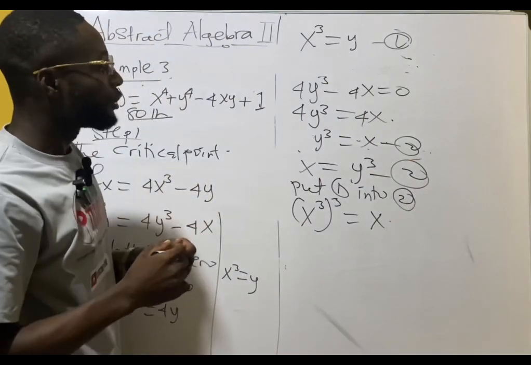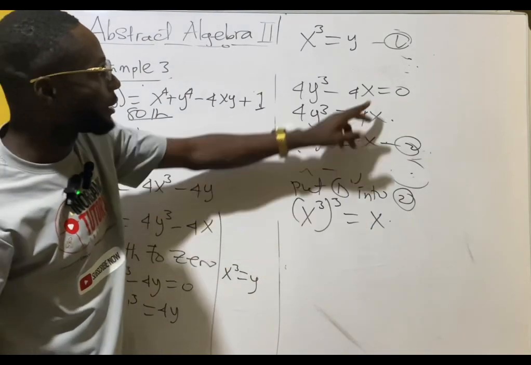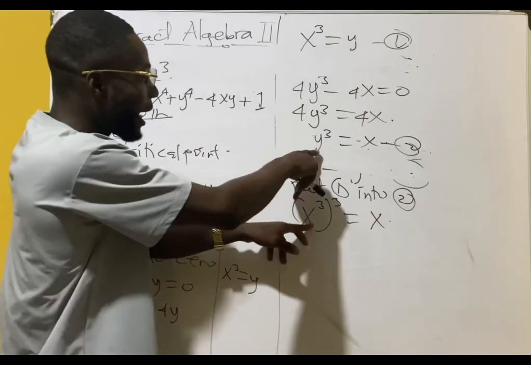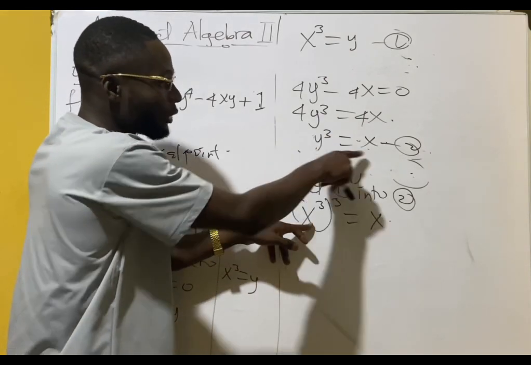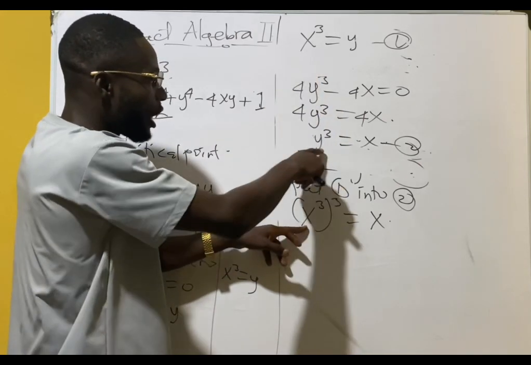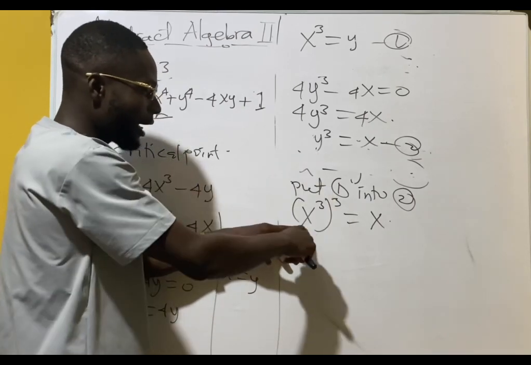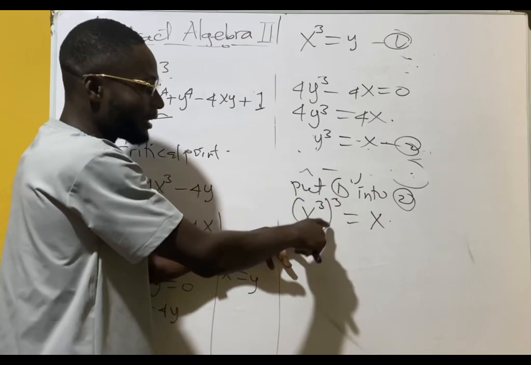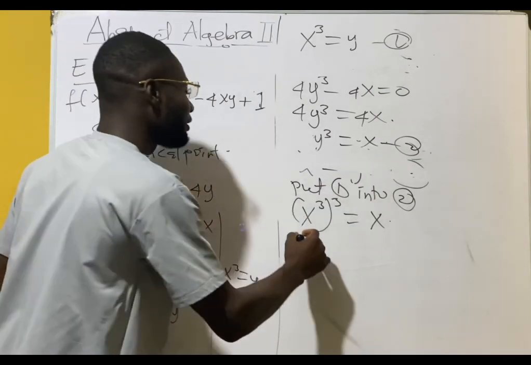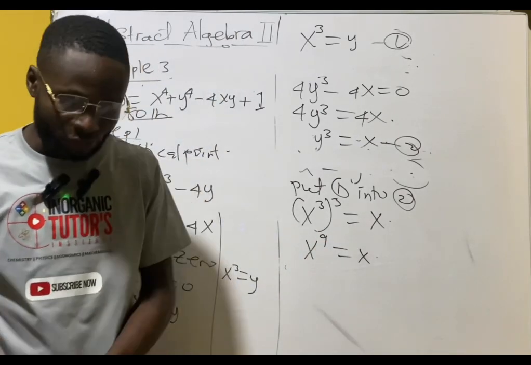Equation 3, equation 2, right? So if that is the case, then we are putting equation 1 into equation 2. So wherever we see y in equation 2, we put x cubed there. And that is what we have here. So we have x cubed to the 3. Already it has a power of 3. So all power 3 equals x. So we're going to say that we have x to the 9 equals x.